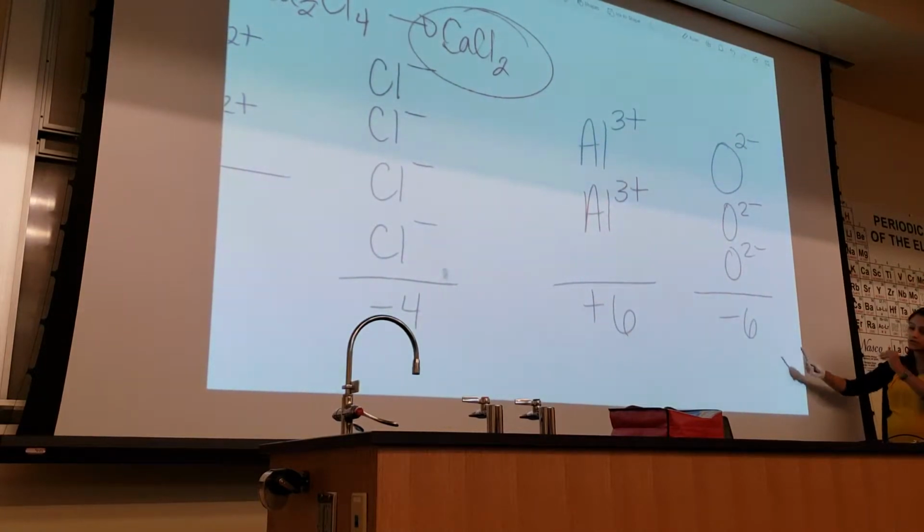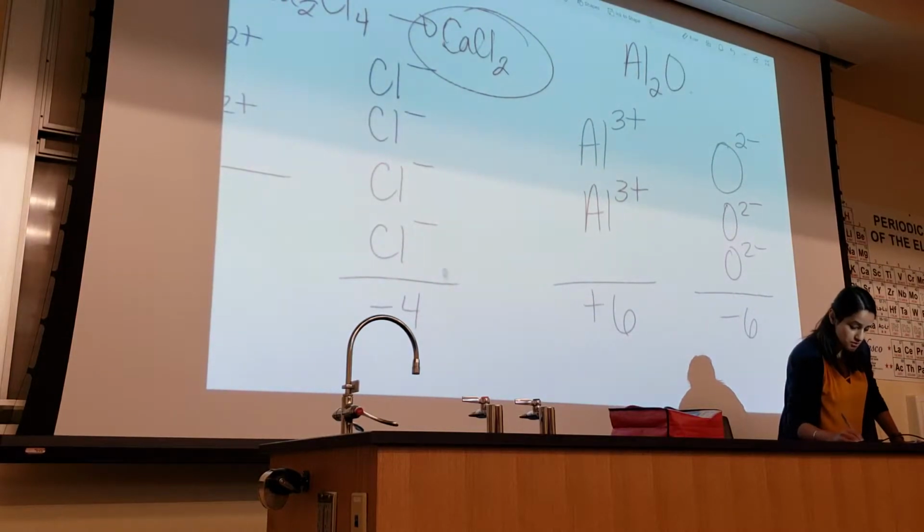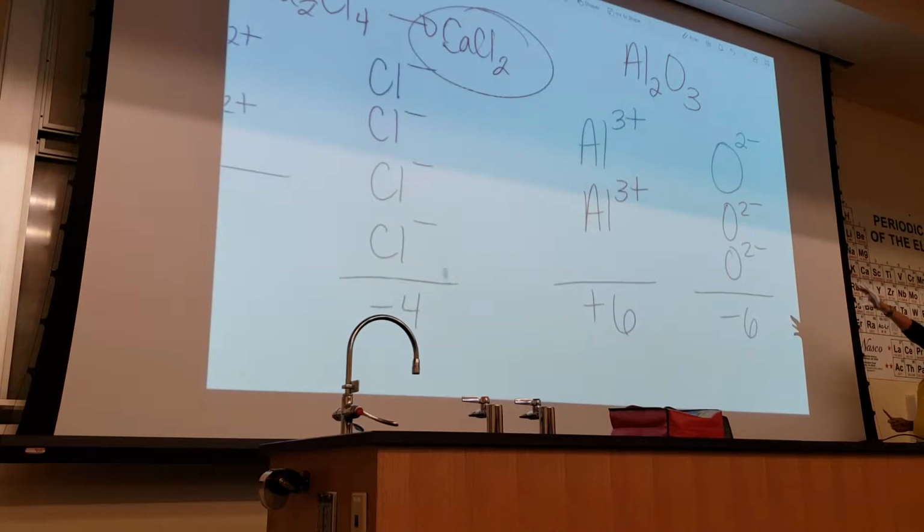So when I write the formula, it's going to be Al2O3. I have 2 aluminum for every 3 oxygen atoms, when I'm talking about the formula. Because in the formula, there's no charge there. It's neutral. The charges cancel out.